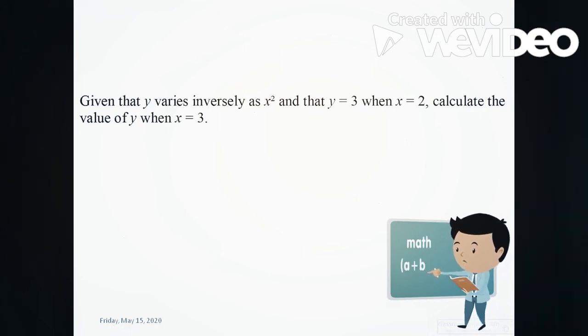It says, given that y varies inversely as x squared. Hold on, let's pause for a second. How do we write this? The previous one was directly, now it's inversely. I forgot to explain what direct proportion to x means.